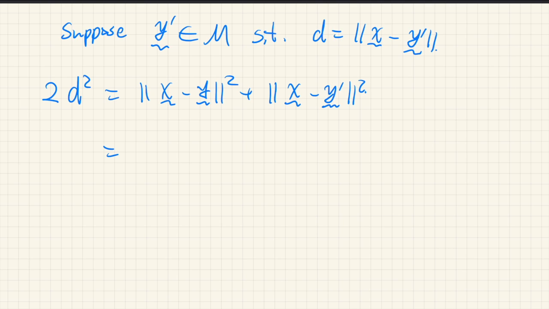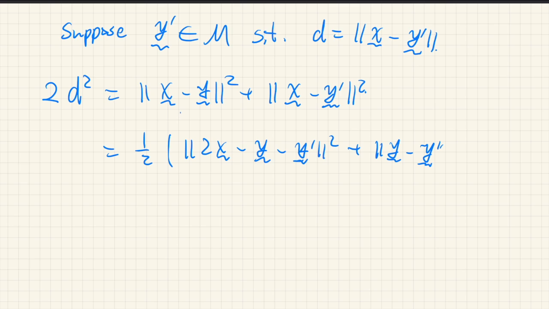And again, using the parallelogram law, if we add these two, we have 2 times the norm of x minus y prime squared, and this minus this, y minus y prime squared.